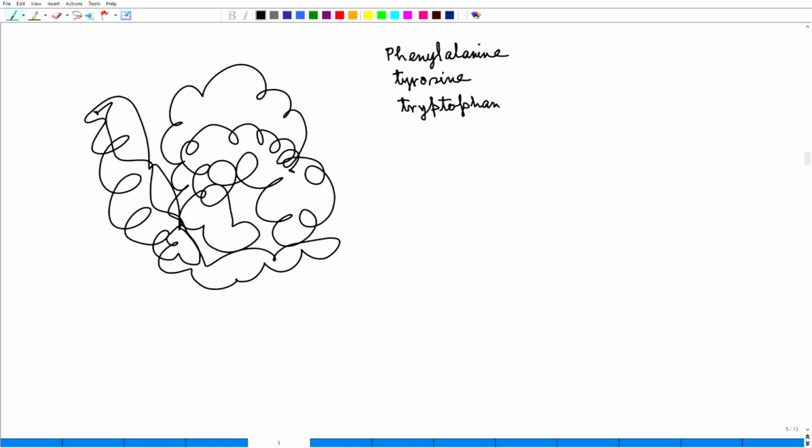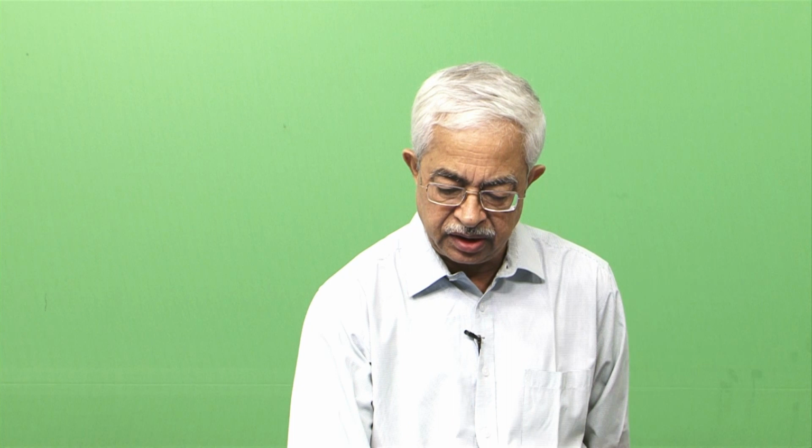And in this protein, this point is called active site. Active site. Okay. There may be more than one active sites also, but mostly there is one active site.